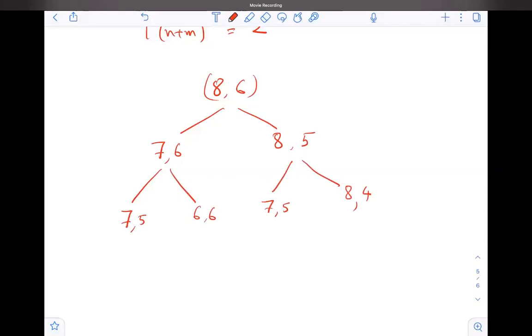Do you see something that is happening? We need to only calculate the tree of 7,5 once, but 7,5 has come twice. Why do we have to do it again? Recursion is making us do it again.